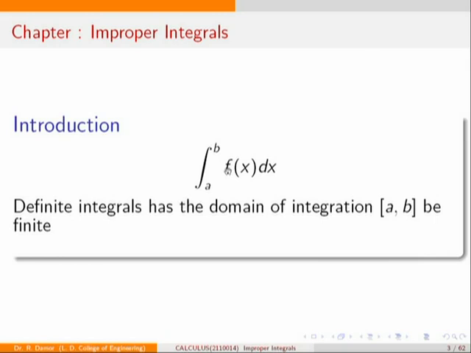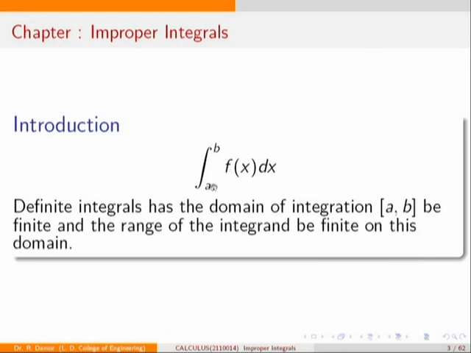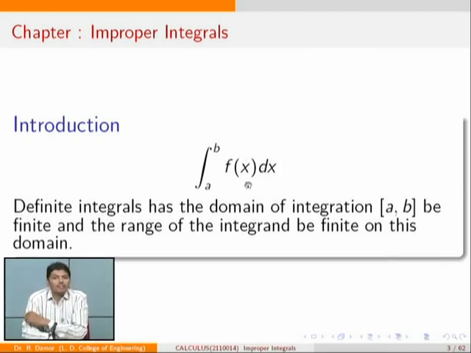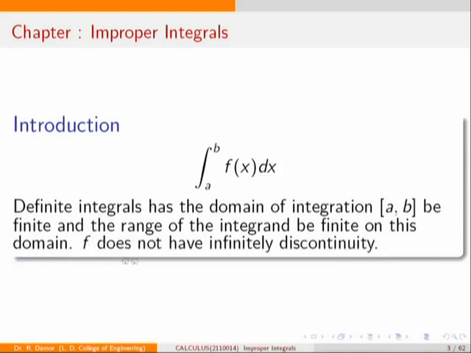But what are the conditions for this? A definite integral has a domain of integration a to b, so this domain is finite. Second, the integrand is finite on this domain, so f does not have infinite discontinuity. The function must be continuous on this domain.